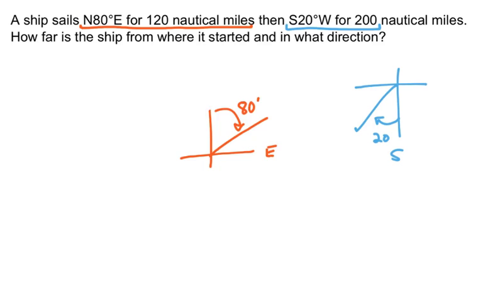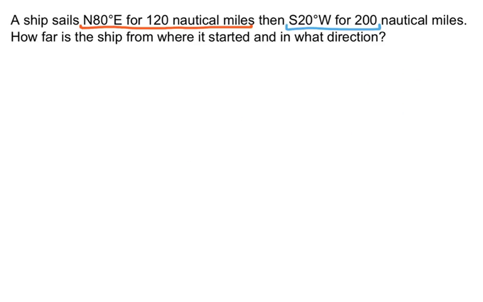So at each of our origins or initial points for our vectors, we will draw a little set of crosshairs, right? A little set of axes to help us understand what we're drawing. So I'm going to start over here. Here's my first crosshairs, starting at this point. And we want to travel north 80 degrees east.